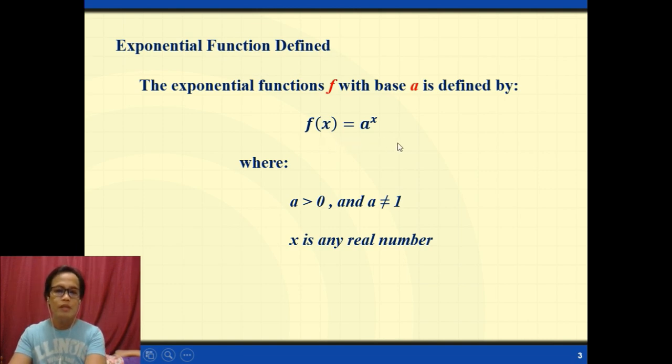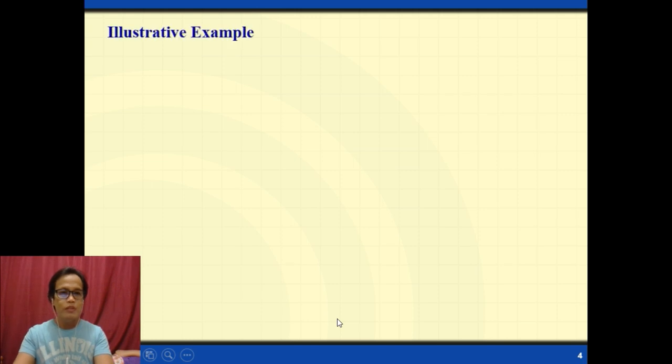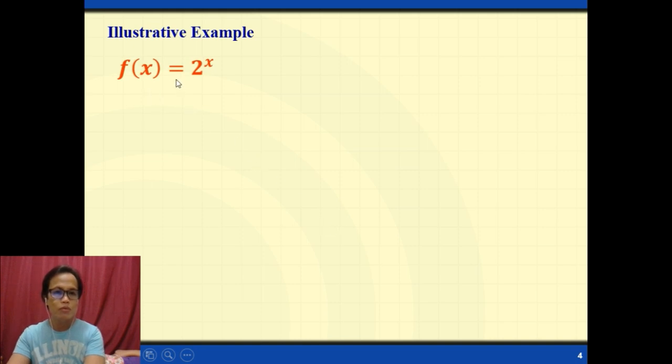So let's try some examples. We'll apply this definition to some examples. Remember, again, our focus is to plot the graph of the exponential function. For example, we are given this function, f of x is equal to 2 raised to x.